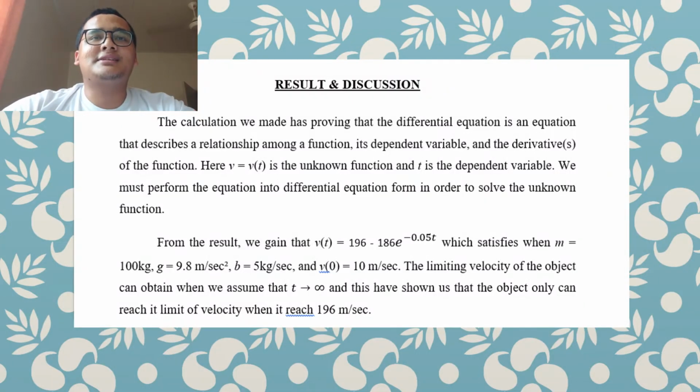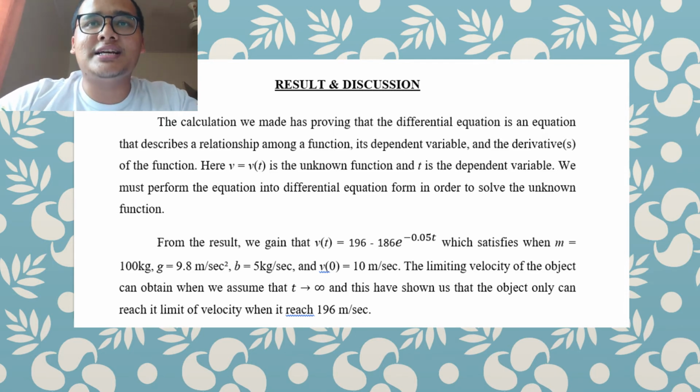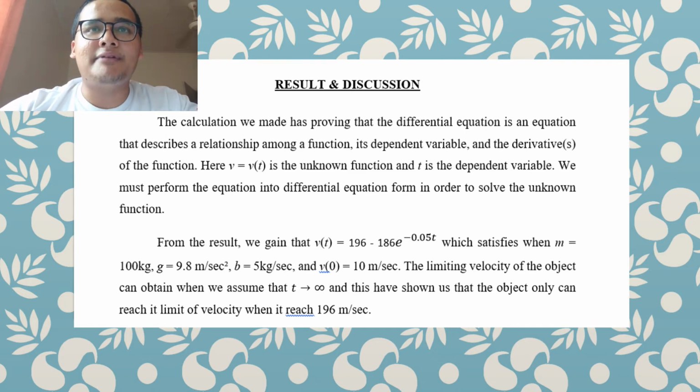For result and discussion, the calculation we made proves that a differential equation is an equation that describes a relationship among a function, its dependent variable and the derivative of the function. For this case study, v, which is the velocity, equals v(t), the unknown function, and time t is the independent variable.